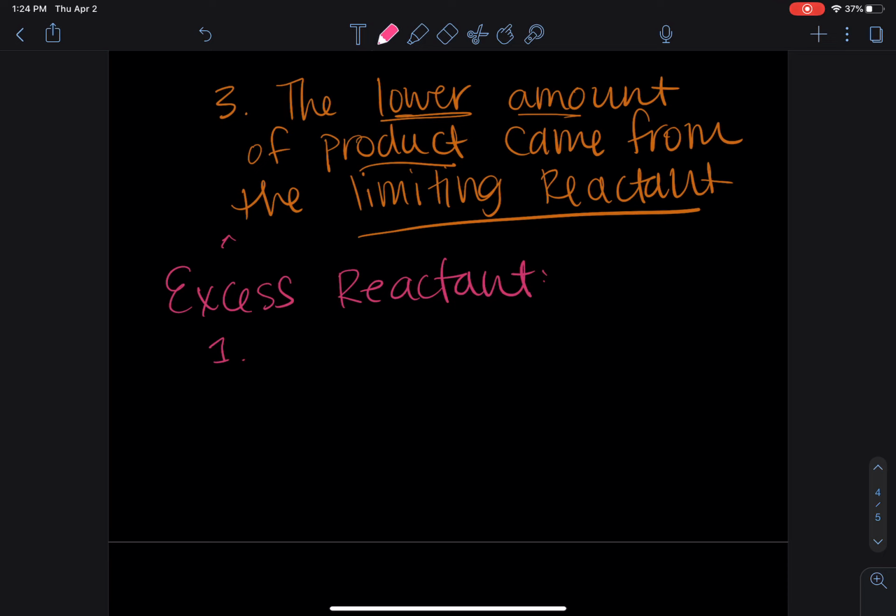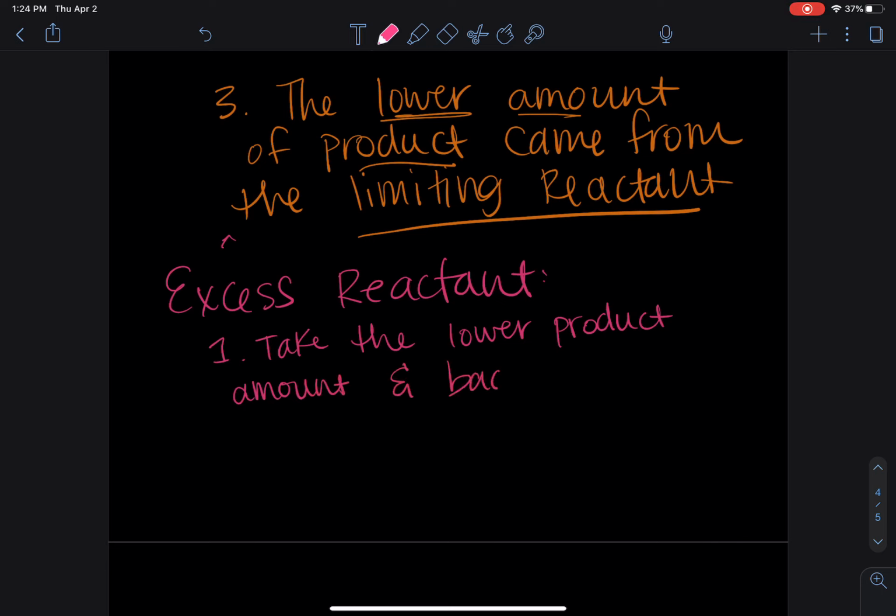Then you take the lower product amount and back calculate to solve for grams of excess.